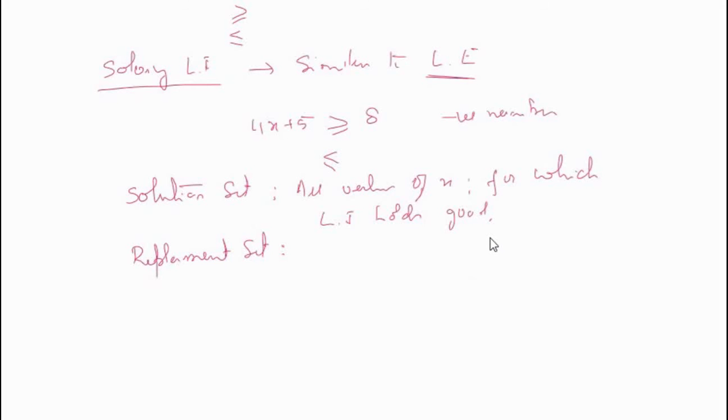Now we know solution set is all values of x for which the linear inequation holds good. Suppose this is, let us say, x is greater than or equal to 5. Now the actual solution set will vary depending upon whether x belongs to natural number or whole number or integer or real number.